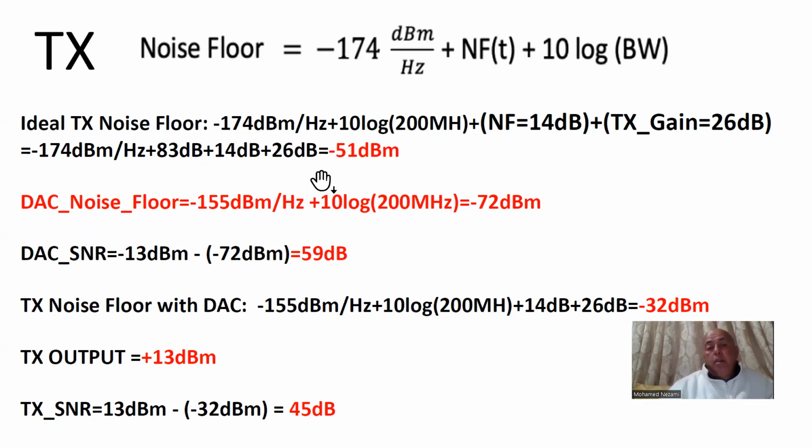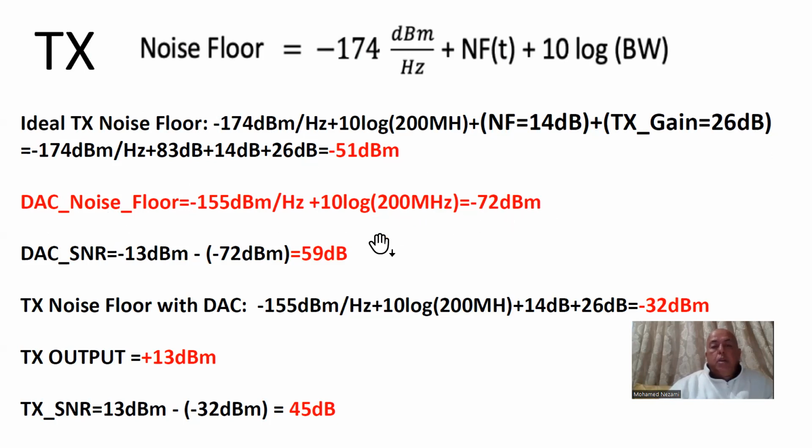Now, for the DAC, the transmitter is not going to be operating at minus 174 dBm per hertz. It's going to be much worse than that. As an assumption right now, it's minus 155 dBm per hertz. If you integrate over the bandwidth, that's minus 72 dBm out of the DAC, okay?